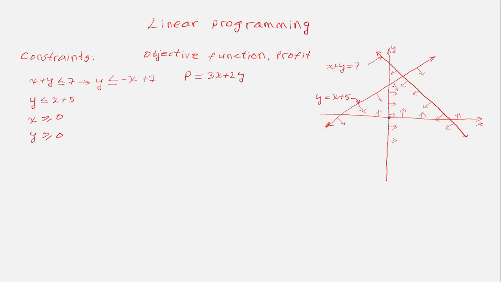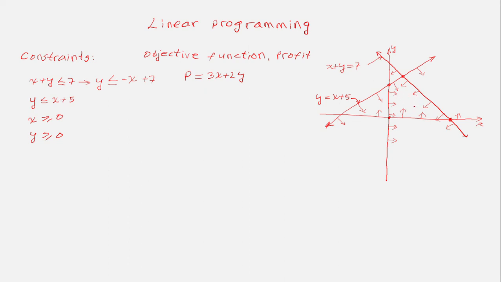This one right here, this one, and this one. So everything inside here is our feasible region. Now, find the max or min.